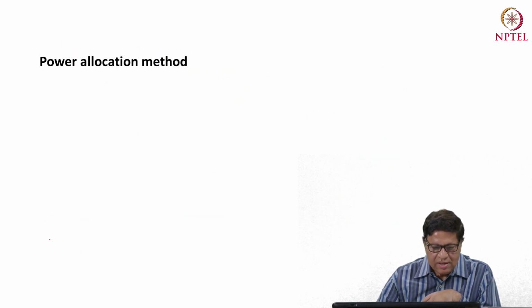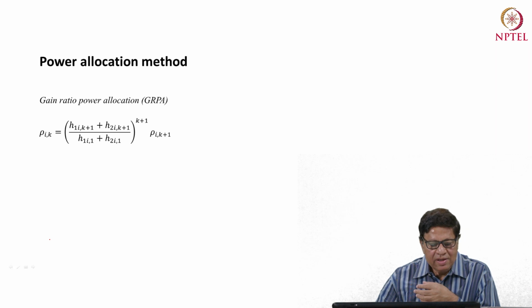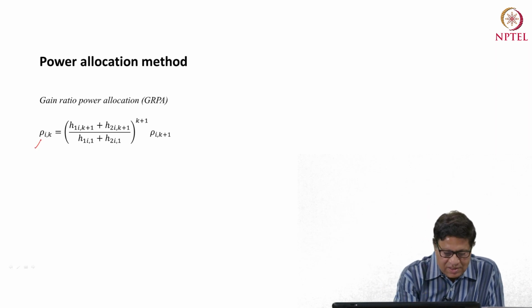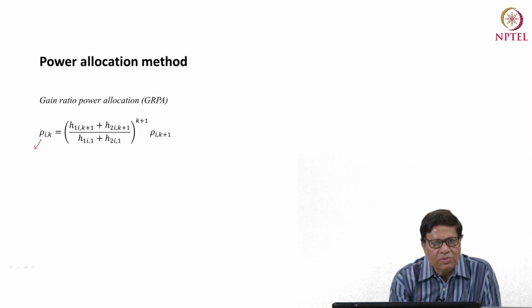And how do I allocate the power to the LEDs? Because in NOMA, allocation of the power is important. So there are two methods which are used for allocating power. One is called gain ratio power allocation, or GRPA, so this is the electrical power allocated to the kth user from the ith LED.